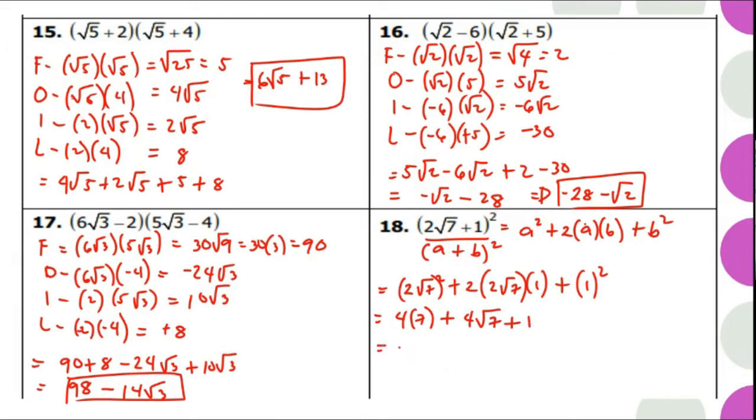So now it is 4 times 7 is 28 plus 4 square root of 7 plus 1. 28 plus 1 is 29 plus 4 square root of 7. So this will be our final answer.